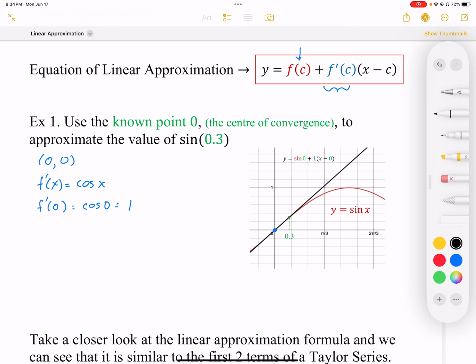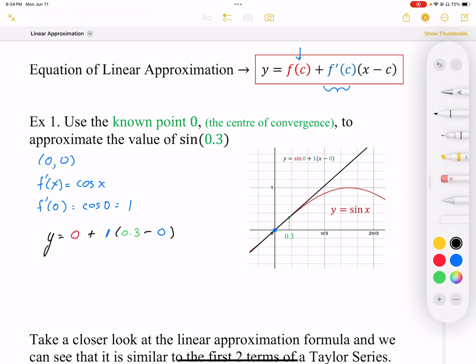From there, we can write the equation of the tangent line. y equals our slope. Well, I'm going to start with our y-coordinate, which is 0, plus the slope, which is 1, times our x-coordinate of 0.3 that we're going to approximate, minus the center, which was at 0.